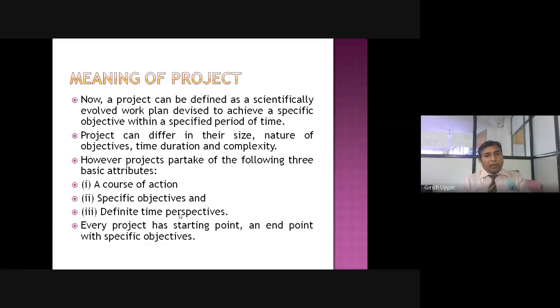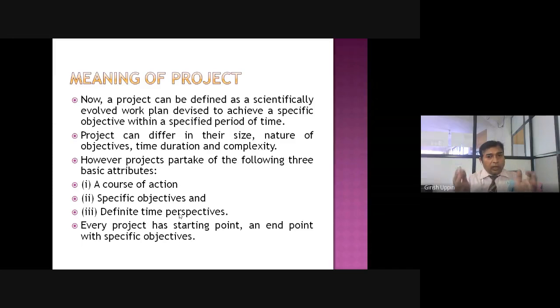According to PMI, what is a project? A project is a process of creating a unique product or service which has a definite start date and a definite end date. Projects are always executed for creating something unique; for example, one building is a project.